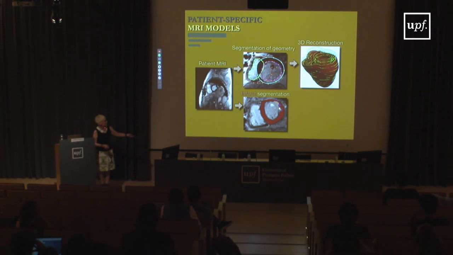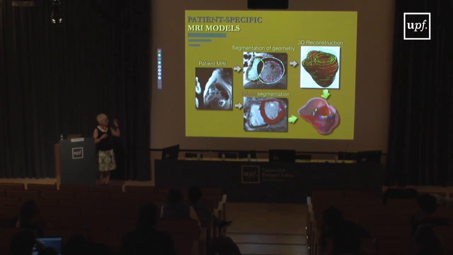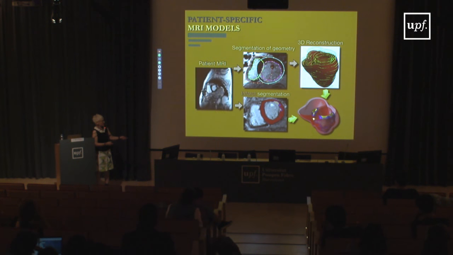So we reconstruct the gray zone as well. And we also deal with fiber orientation. We estimate the fiber orientation in the patients. I'm not going to talk about that. But we finally construct a geometrical model of the patient. Now, in this geometrical model, we implement different properties of the cells.